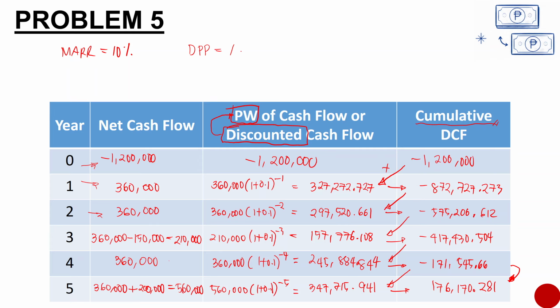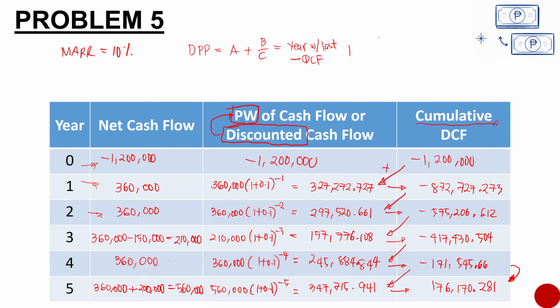This is the formula I'm going to show you: A plus B over C. The A is the year with the last negative cumulative discounted cash flow.